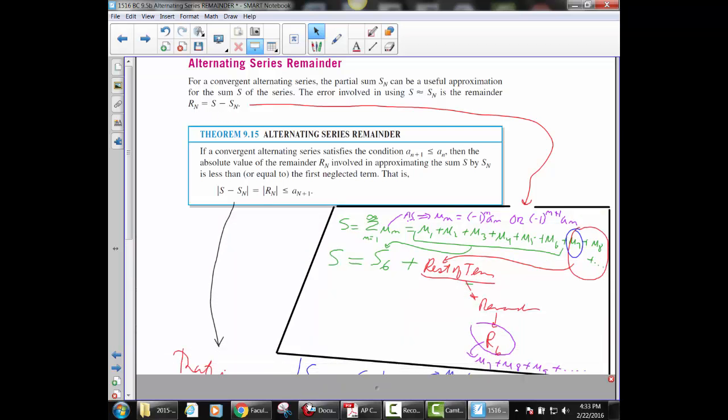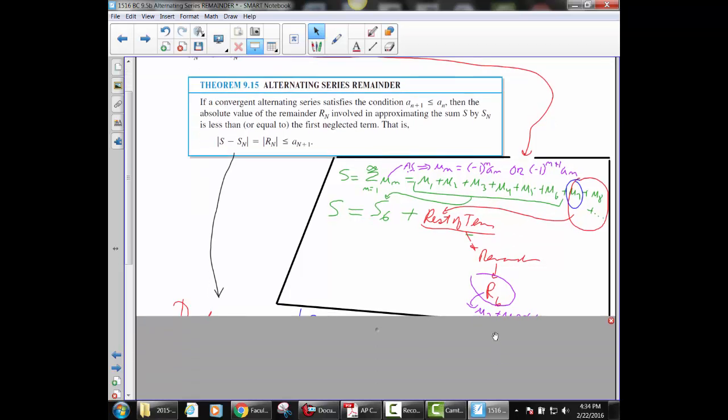Let's say you have the summation from n equals 1 to infinity of un. The sum of all of those terms would go on forever, plus dot, dot, dot, right? So your un is negative 1 to the n times an, or negative 1 to the n plus 1, or n minus 1 times an. So the actual sum would equal the sum of the first 6 terms, which are these terms right here, plus the rest of those terms.